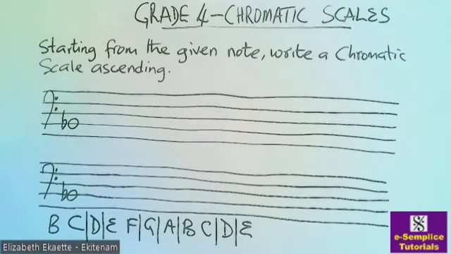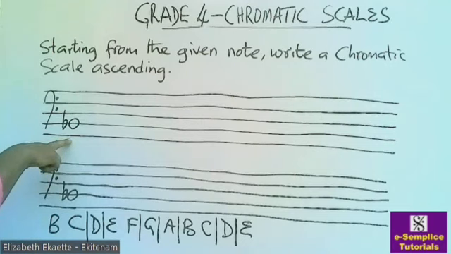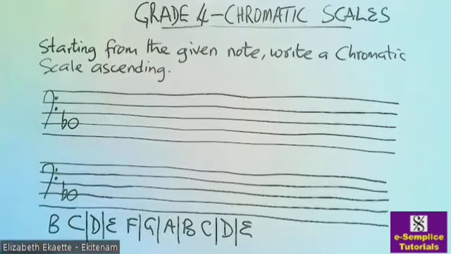Just follow me. Now, the question says, starting from the given note, write a chromatic scale ascending. Now we are given B flat here. So since we are ascending, let me just add another flat there, possibly an A. Now we are starting on this note.